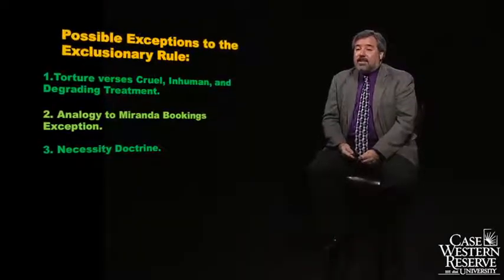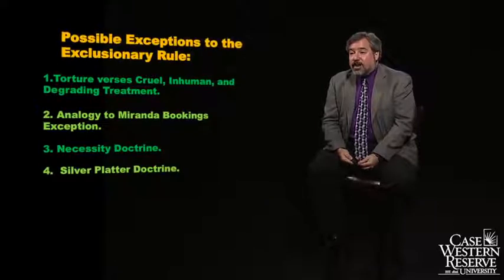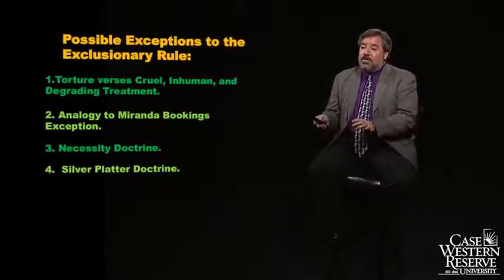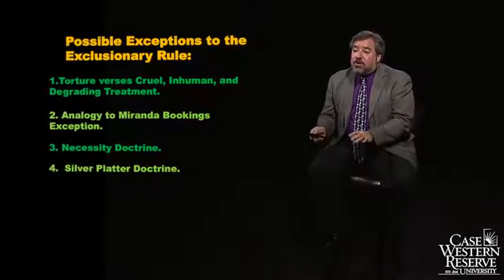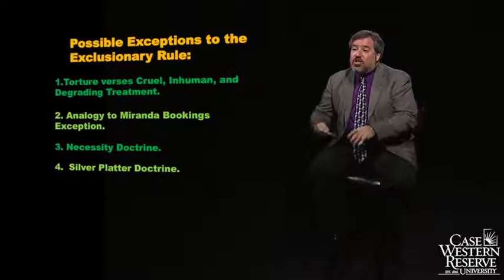And then finally, there is the idea of a silver platter doctrine. This is the question of why you have the torture exclusionary rule. You do it to deter torture by your own people, by your authorities. You cannot deter other authorities from committing torture. So there was a famous case where the United States subjected some people in Guantanamo Bay to extraordinary interrogation tactics, which may have risen to the level of torture.